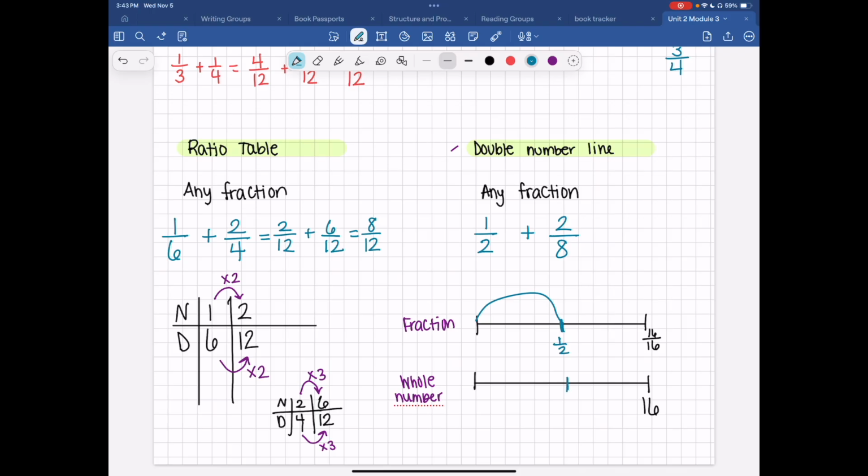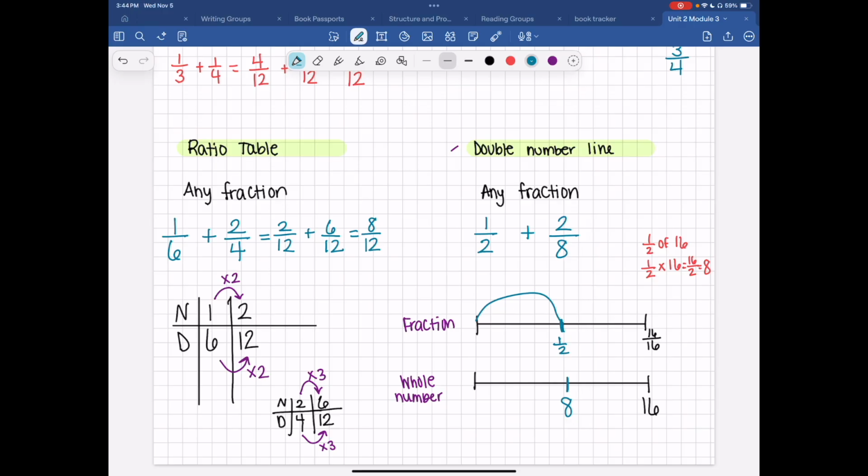And then I need to think about, okay, well, what's 1/2 of 16? Whenever we do a fraction of, that means we're multiplying. So this becomes 16/2, or 16 divided by 2 is 8. So 1/2 of 16 is 8.